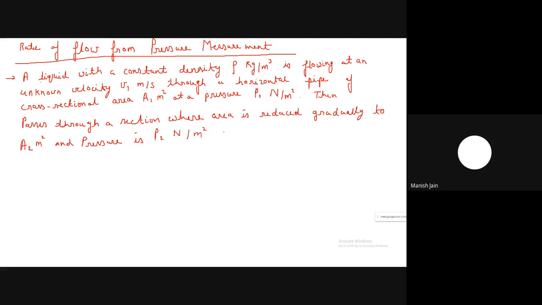Now, assuming no friction losses, calculate the velocity v1 and v2.